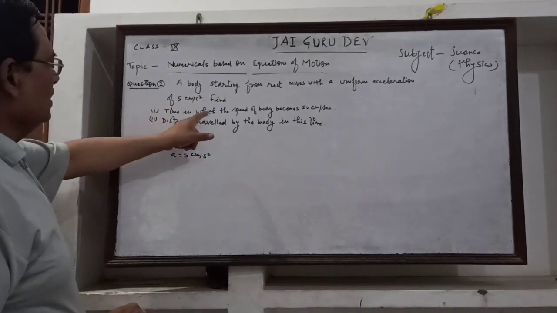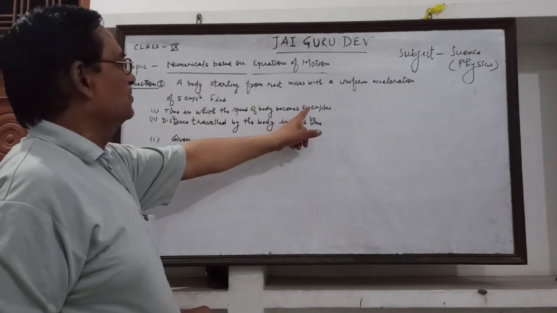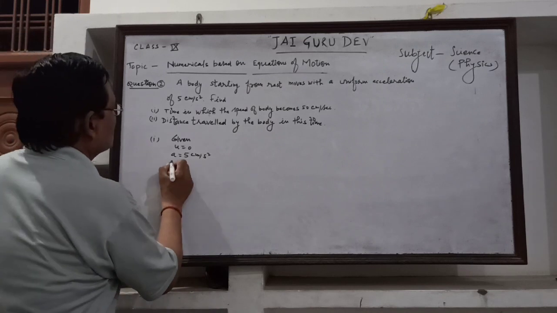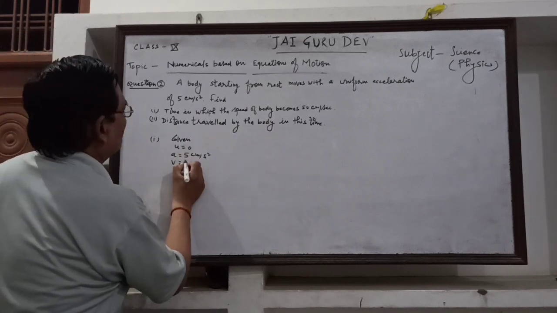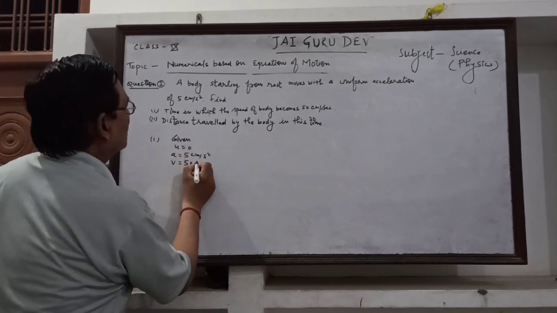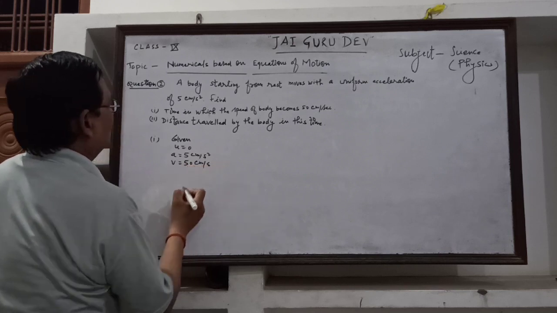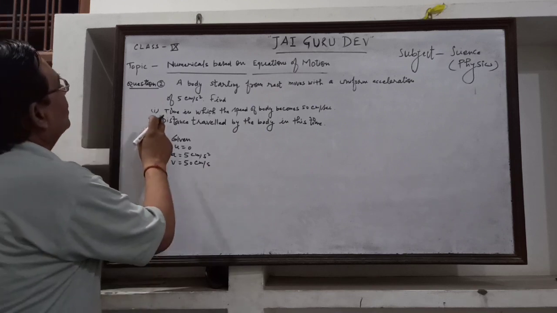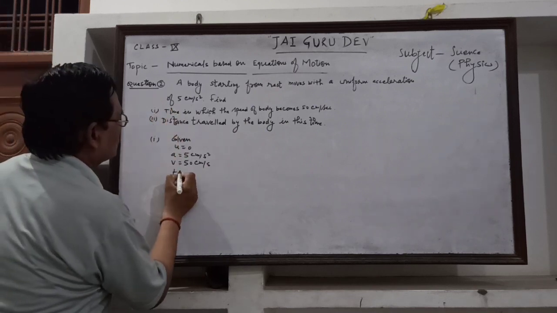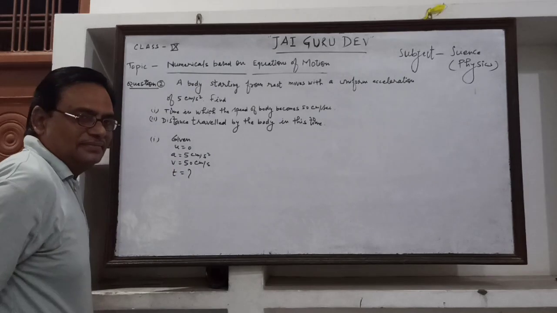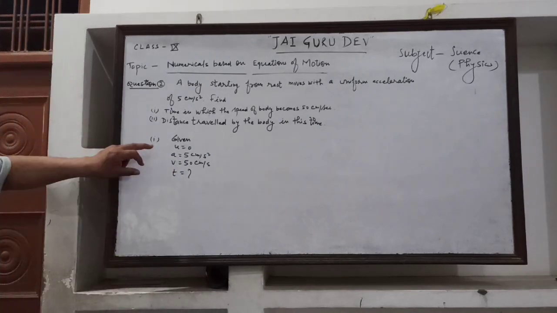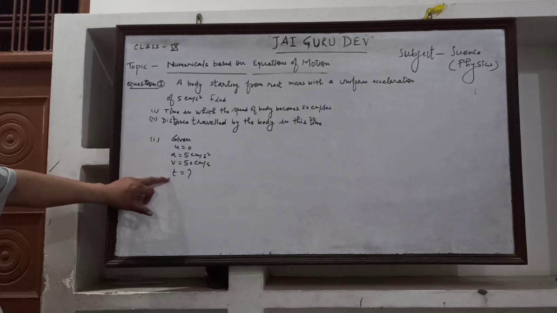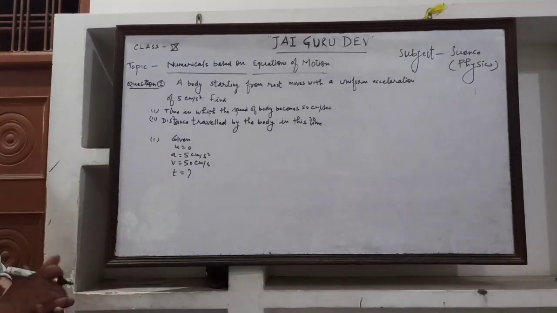Find time in which the speed of body becomes 50 centimeter per second. Means v is 50 centimeter per second. We have to calculate time, so t question mark. We have u, a, v and we have to calculate t.